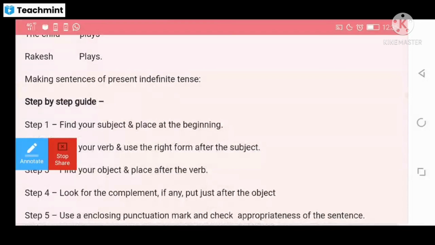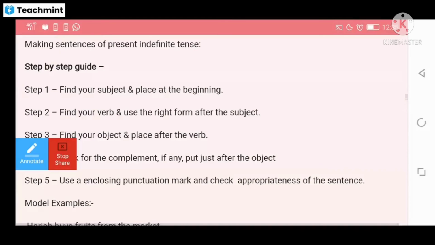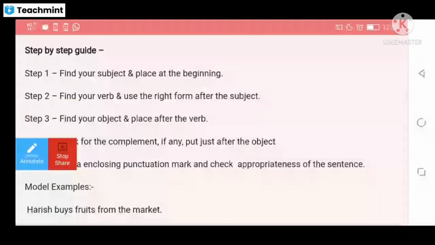Step 2 says find your verb and use the right form after the subject. Step 3, find the object and place it after the verb. And step 4 says look for the complement, if any, and put it after the object. And step 5 says use an enclosing punctuation mark and check appropriateness for the sentence.